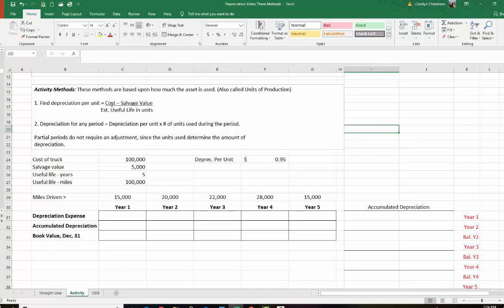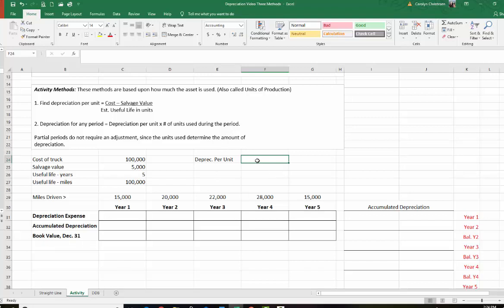Depreciation per unit, which is cost minus salvage, divided by the estimated useful life in units. That gives us our depreciation per unit. And then for any period, you just take that depreciation per unit and multiply it by how many units were used that period or produced.